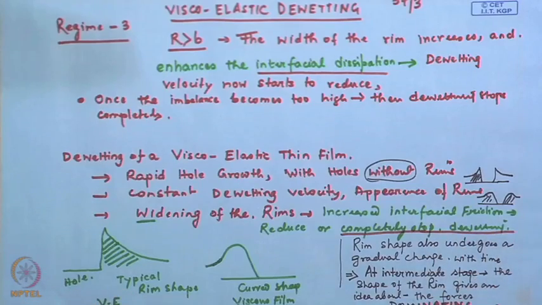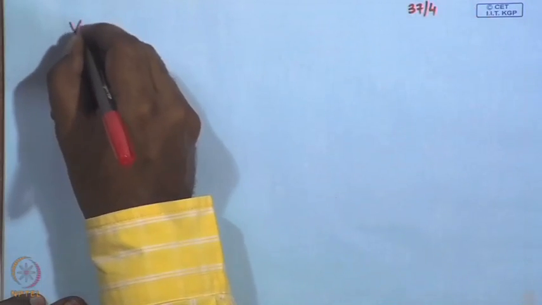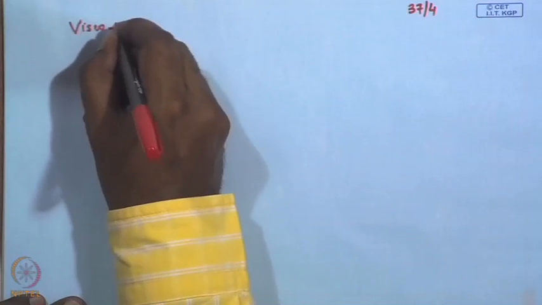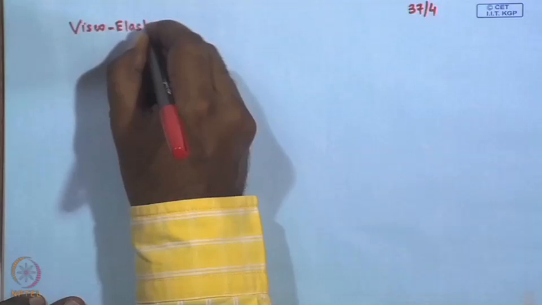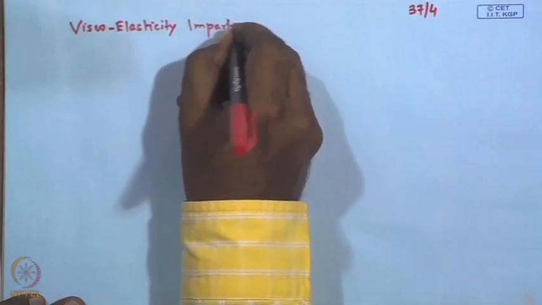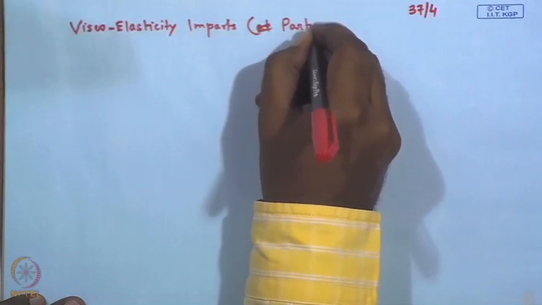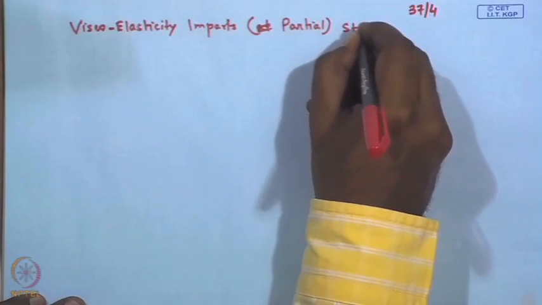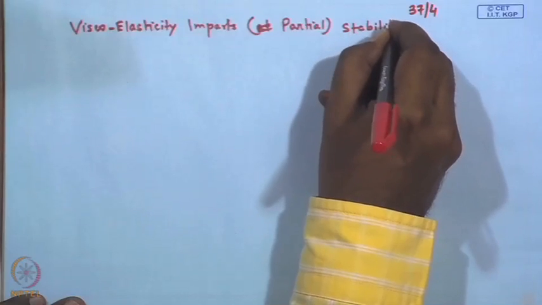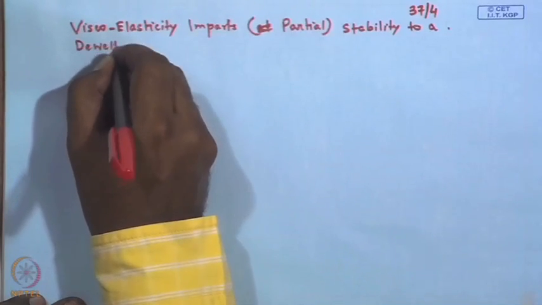So, which implies that viscoelasticity imparts at least partial stability to a dewetting film.